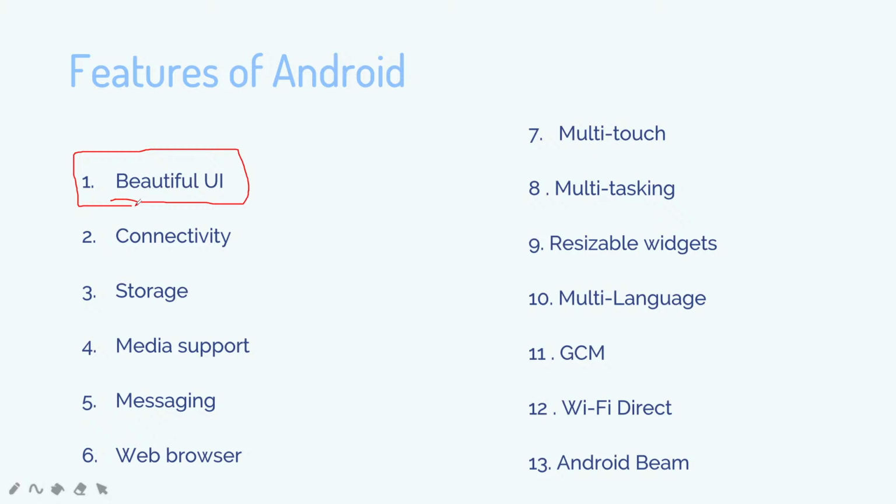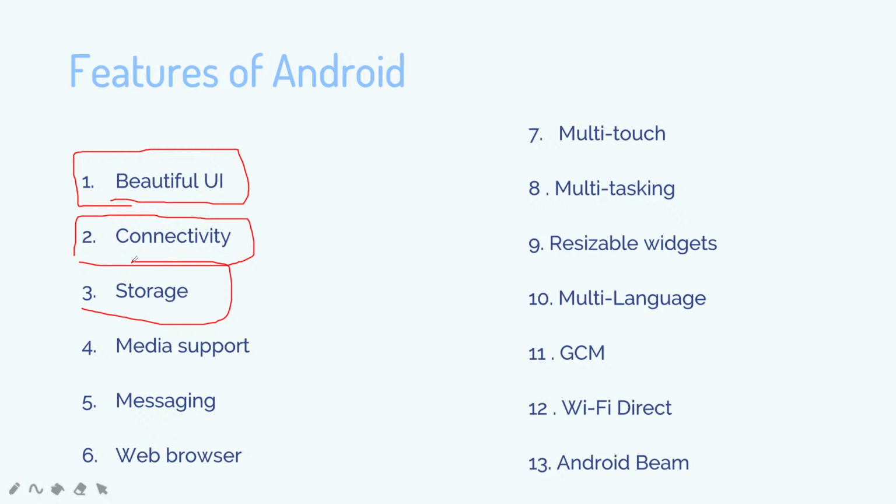Connectivity: we have Bluetooth and NFC tag. Most mobile phones have NFC tag, and other connectivity like Bluetooth, Wi-Fi or network. Then storage.